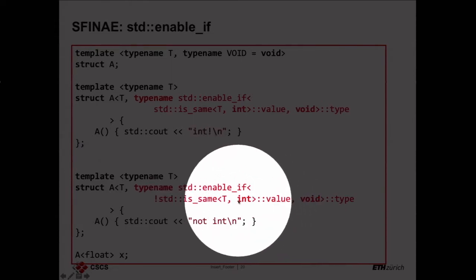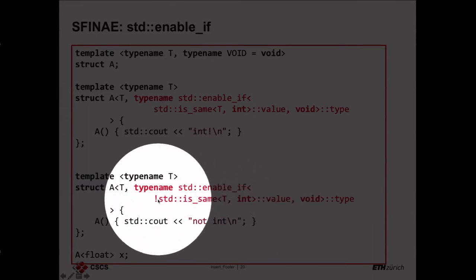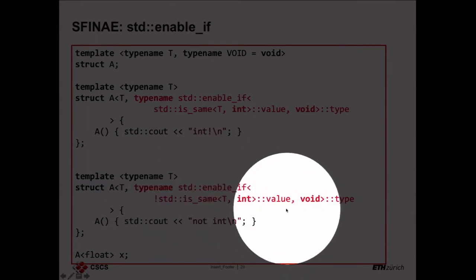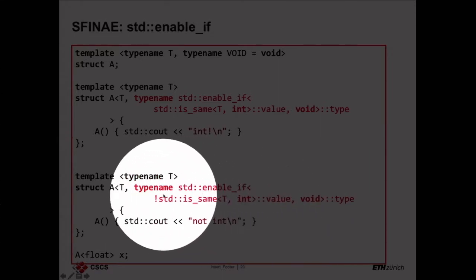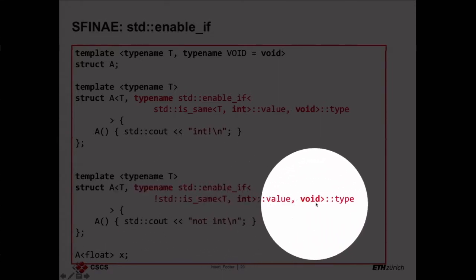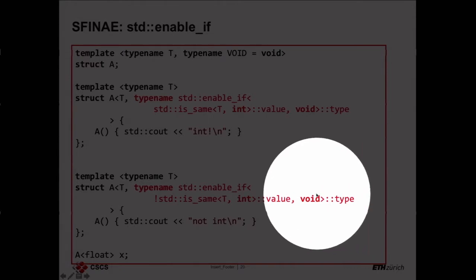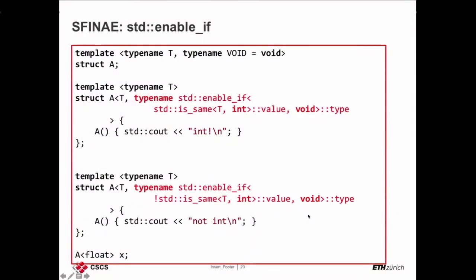It can be true or false. If it is true, this is false. If it is false, it is true. And then it returns void only if this expression is true. If not, if the same is true, then ::type is void. Otherwise, it is invalid. It is an incomplete type. It doesn't exist. It's an error. It's a mistake. So you get the SFINAE.